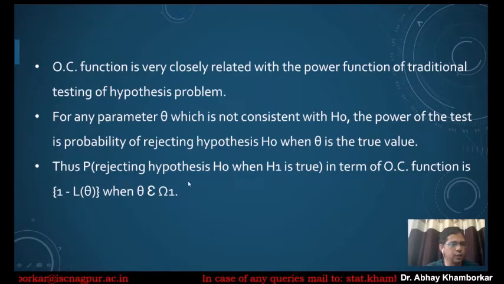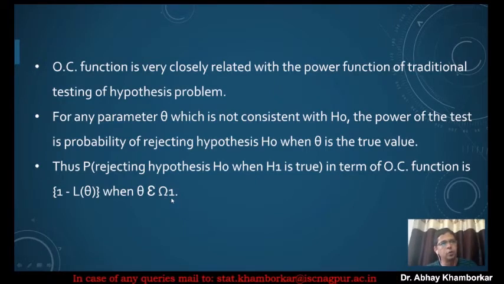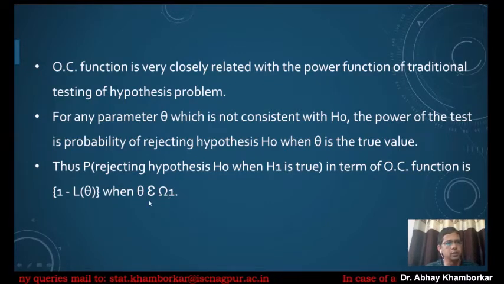Now we know that rejecting the hypothesis H naught is nothing but 1 minus L theta. And when I say that H1 is true, it means theta belongs to omega 1, because H1 is nothing but theta belongs to omega 1. In other words, this is nothing but the correct decision, 1 minus L theta when theta belongs to omega 1, and this is nothing but the power of the test, right?